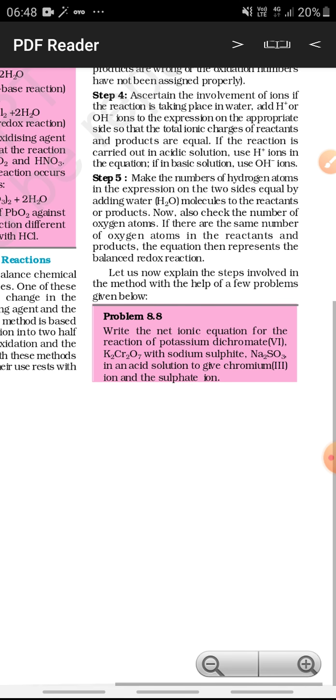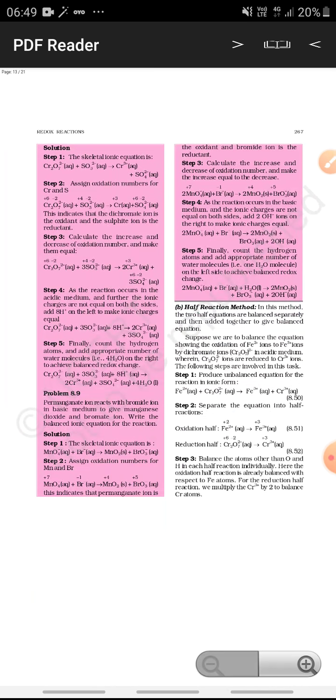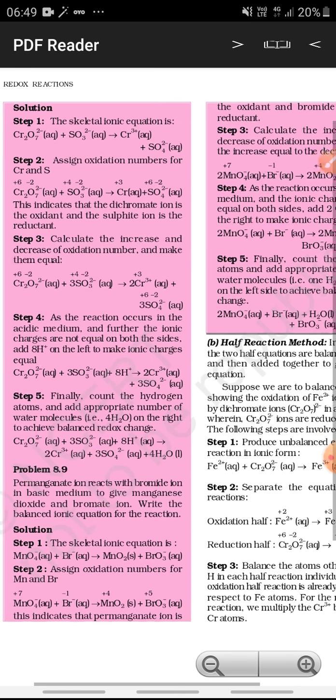In the fifth step, we make the number of hydrogen atoms on the two sides equal by adding water molecules to the reactants or to the products wherever required, and that is the final step for the chemical reaction.